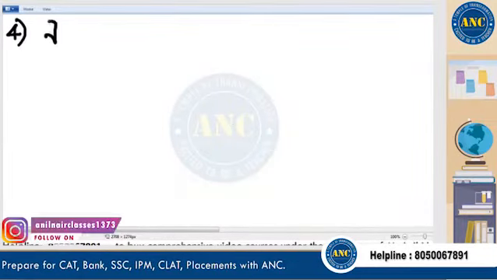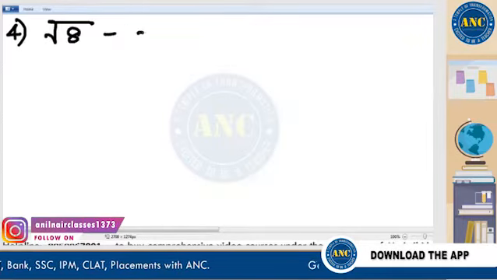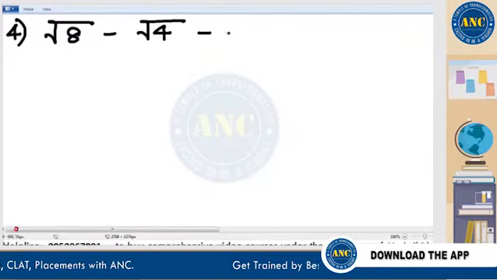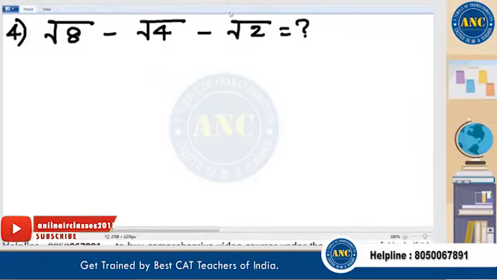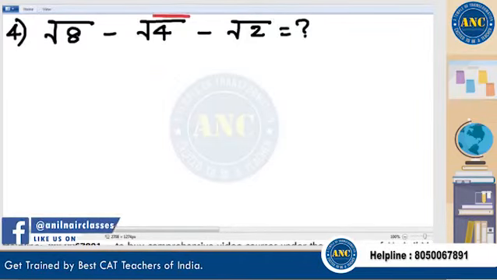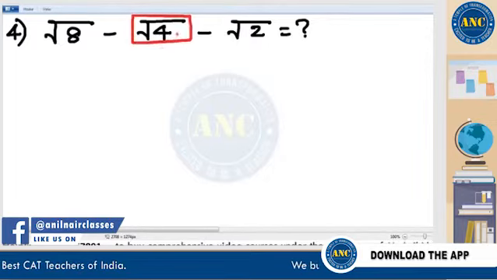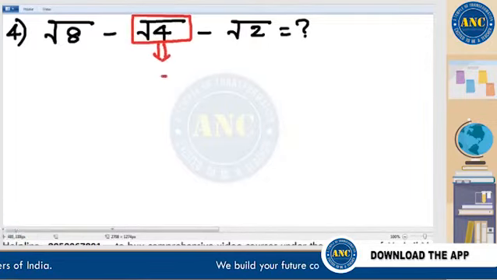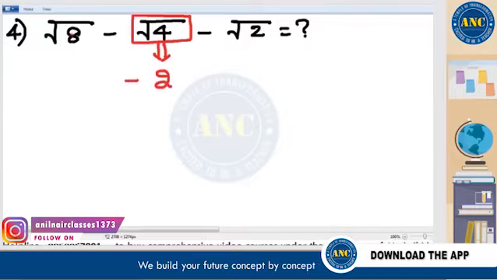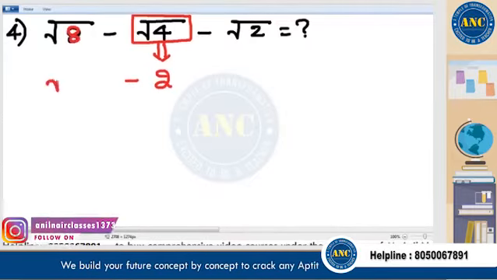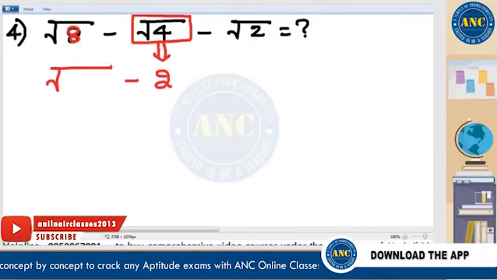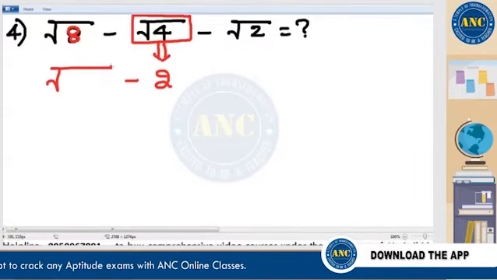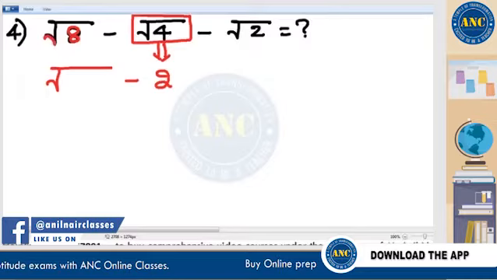Suppose, fourth one, square root of 8 minus square root of 4 minus square root of 2. The only number which will give me a whole number is square root of 4. Square root of 4 value is 2. Square root of 8: whenever you have a surd in the square root or the cube root or whatever it is, try to express it as a perfect square because it is square root.